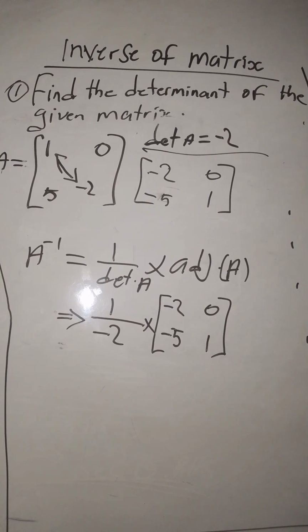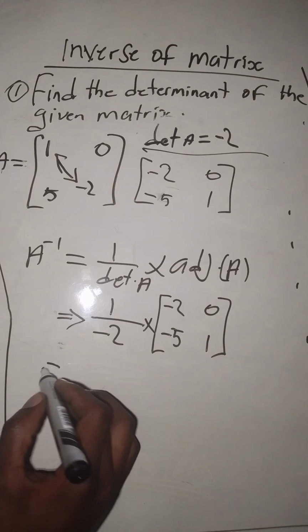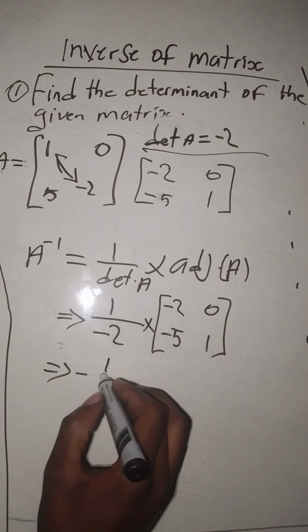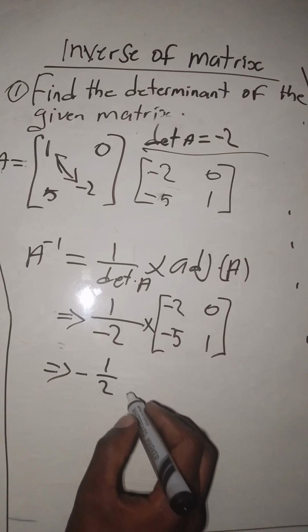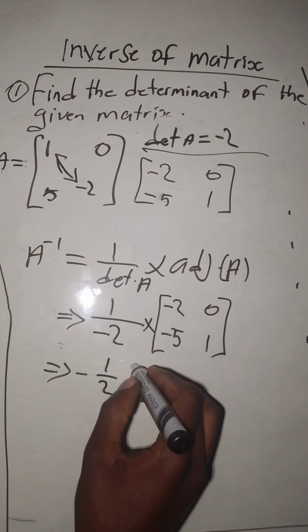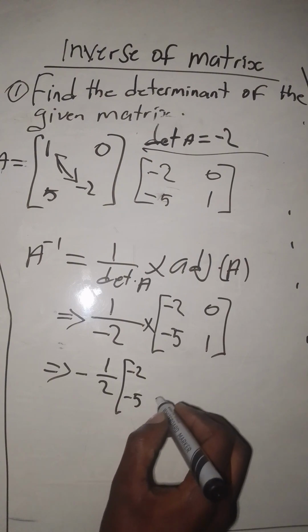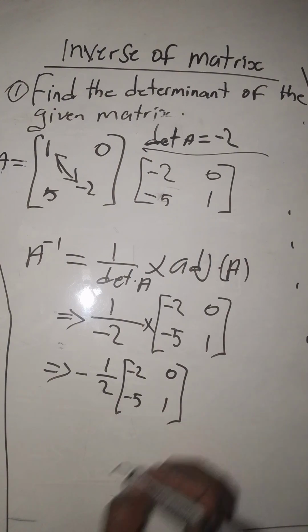So now we have negative half times the adjoint.